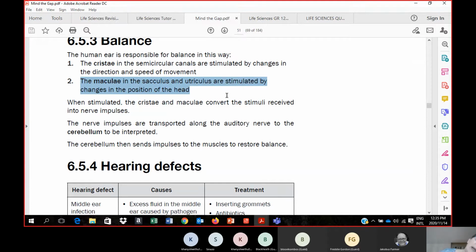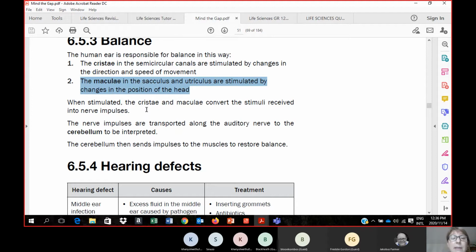So whether your head's on its side, like when you're sleeping, or whether it's upright, like how you've got your head positioned now. And both of these are going to be stimulated by those fluids that we find inside the semicircular canal and inside the sacculus and utriculus.